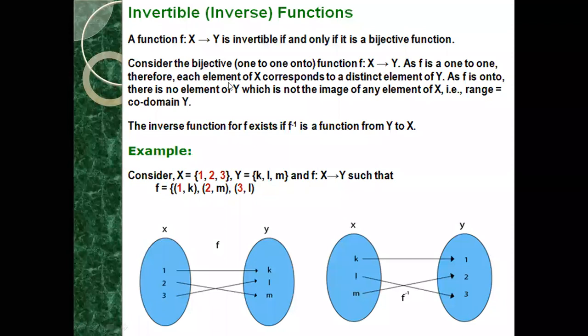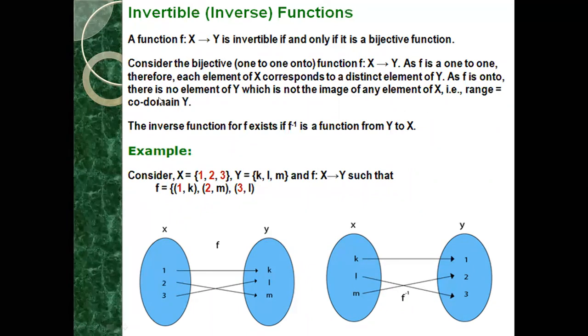So what is the condition for one-one? Every element of the domain has a distinct image in the codomain. As f is onto, there is no element of y which is not the image of some element of x, which means every element of the codomain has a pre-image in the domain. So the range is equal to the codomain y.